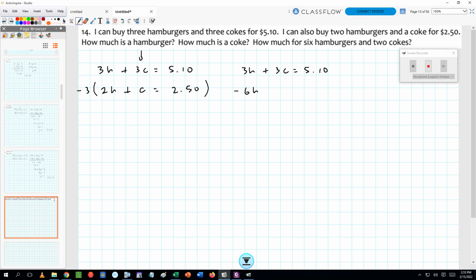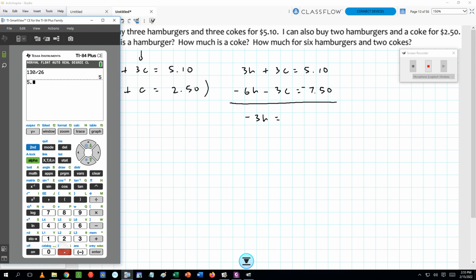Negative 6H minus 3C is 3 times 250, which would be a negative $7.50. Now the Cokes will cancel. 3 hamburgers take away 6 hamburgers is negative 3 hamburgers. 510 take away 750 is negative $2.40.